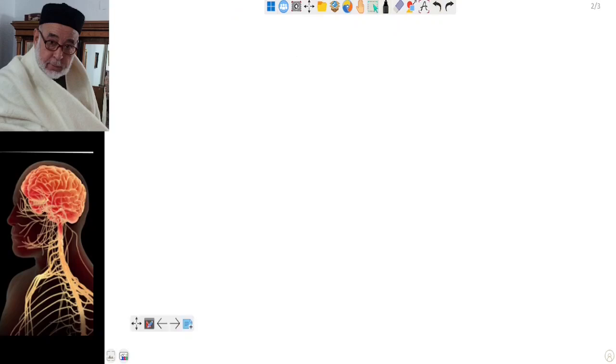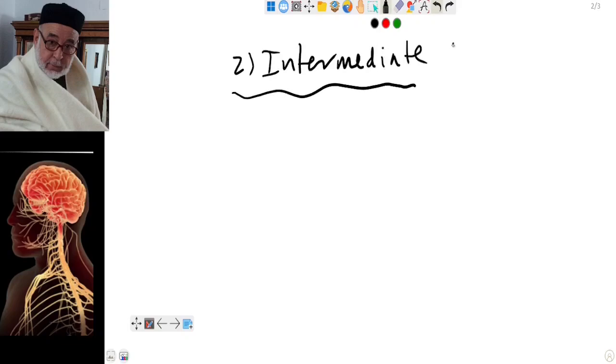The second group are the intermediate-acting benzodiazepines. Intermediate means their T-half is more than 24 hours and less than 48 hours.